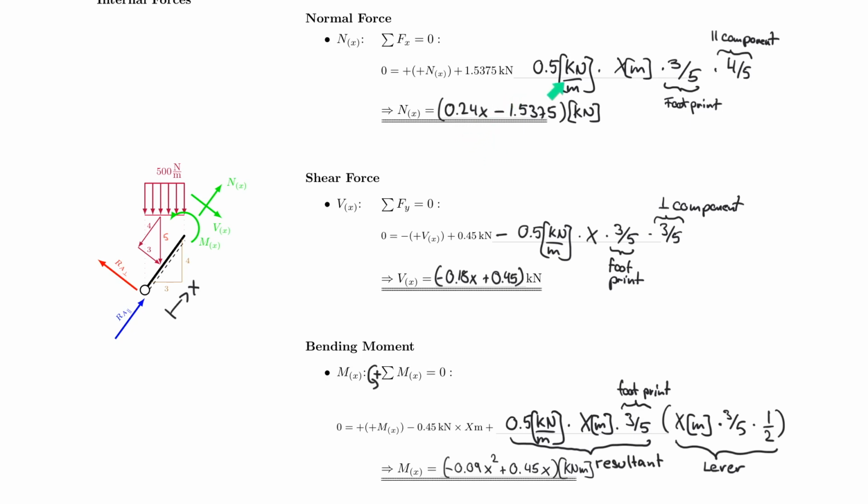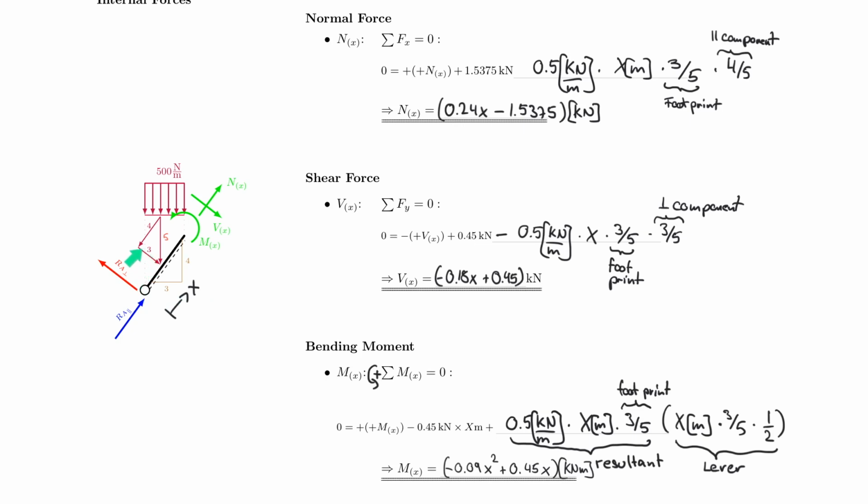So for the normal force, we needed to turn the snow load into its footprint through the 3/5, right? So that is because this 3 here is really what we're looking at, like how much we need of the 500. We don't need 500 per meter. We only need the part that is 3/5. And then we also only needed the parallel component because we were talking about the normal force. Very similar for the shear force.